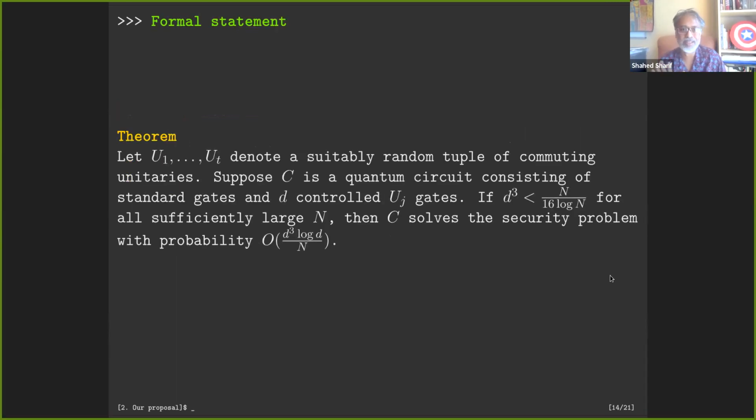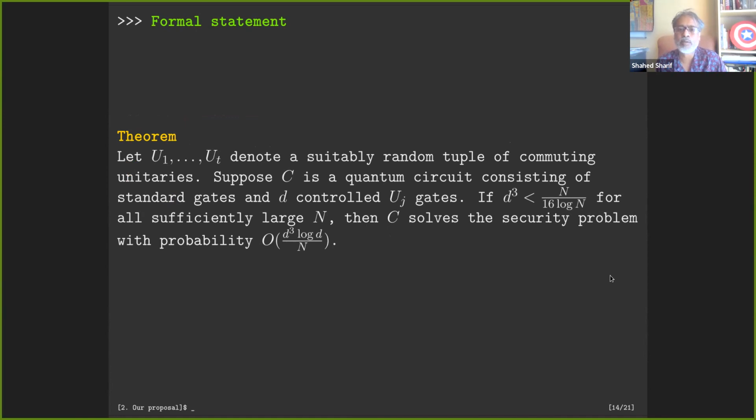So this is the formal statement of our theorem. You have a quantum circuit that has controlled U_j gates. Here I'm thinking of U_j as being black boxes. So in a classical algorithm, you could say that we're making d calls to the U_j's as oracles. And then the U's are going to vary randomly in some way.